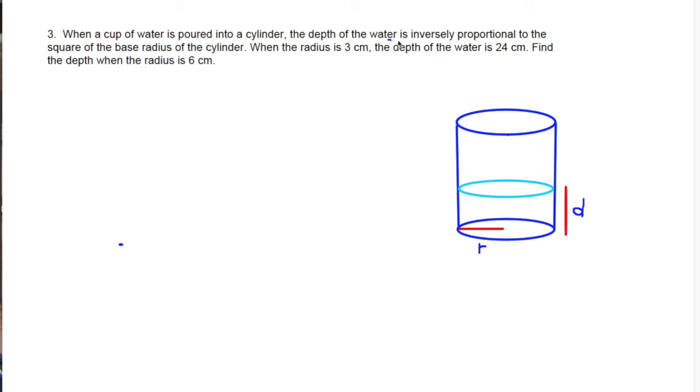So if the base radius is r, then the depth of the water will be equal to the constant over the square of the base radius. This is how we express the inverse proportion. Remember that when the quantity is in the denominator and when the denominator increases, the other value will drop. K is a constant.